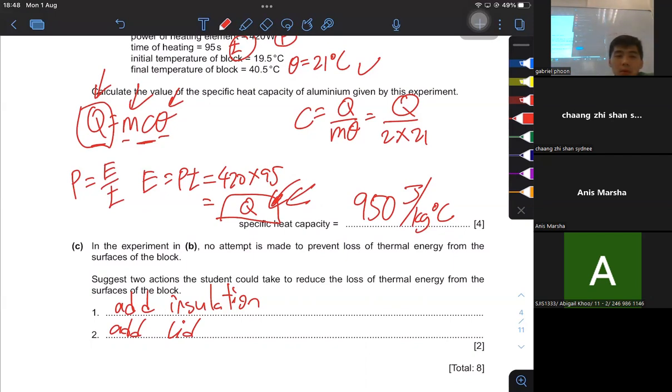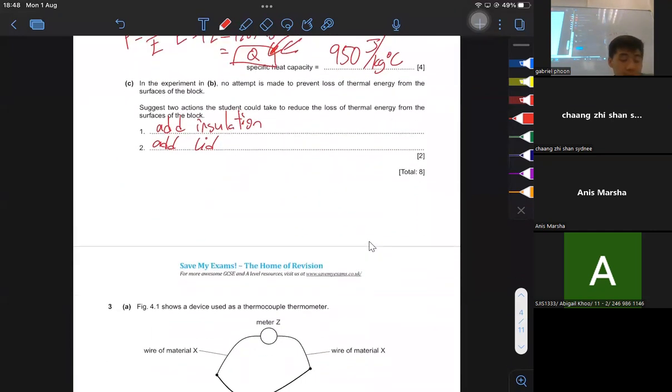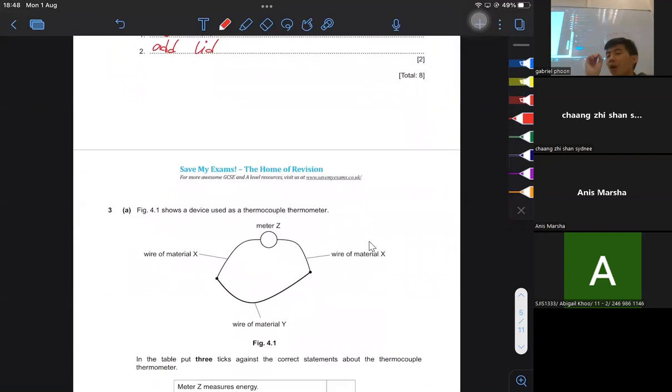It's a standard answer. The thing is they are going to mark and see if you understand what's going on or not. They're not looking for wordplay. Oh yeah, add a lid on top to prevent convection.